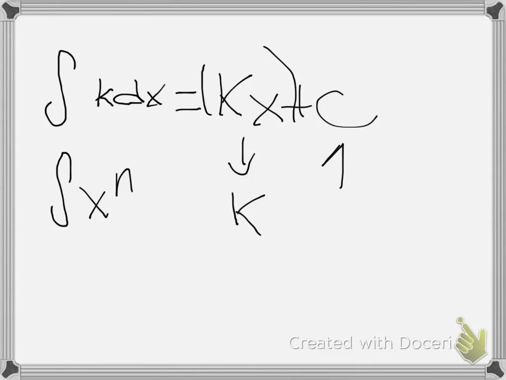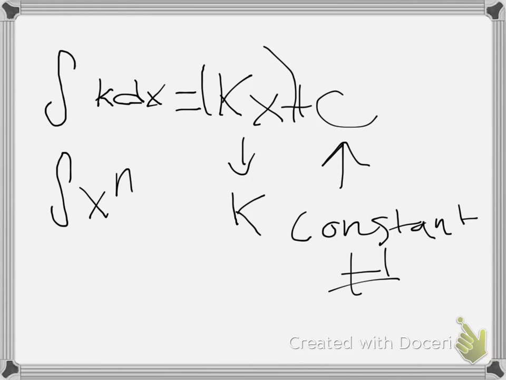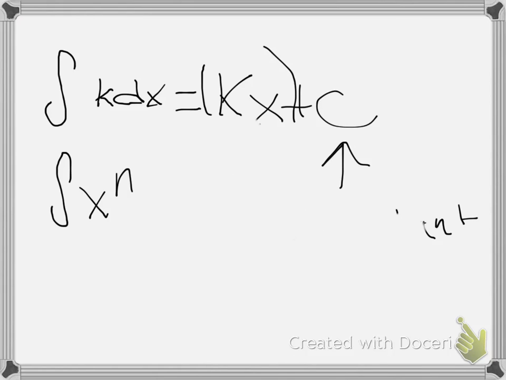And this c is a constant, added because if we had taken the derivative of the original equation, any constant number would be made into 0, and therefore not factored into the antiderivative, otherwise known as the indefinite integral. So we add a plus c to make up for that.